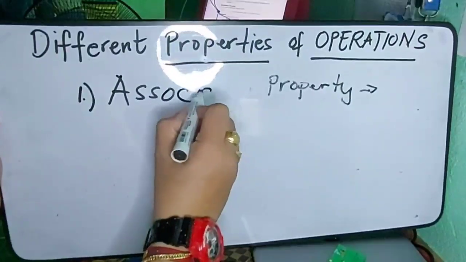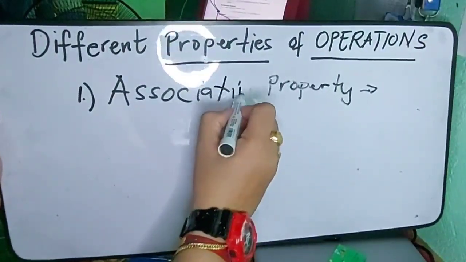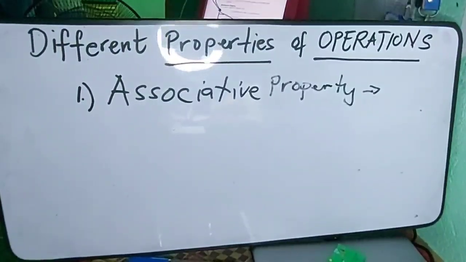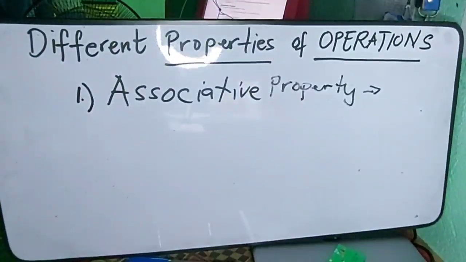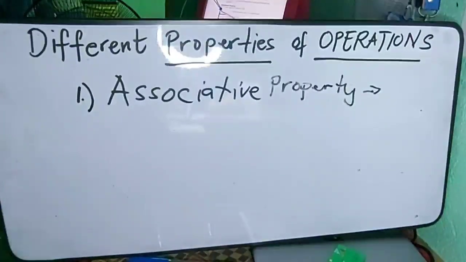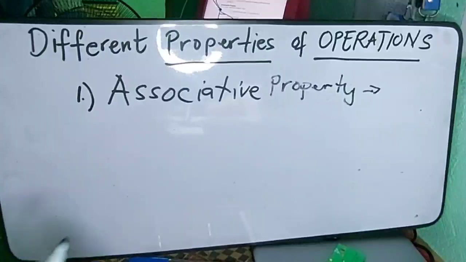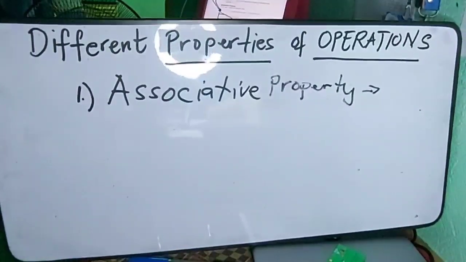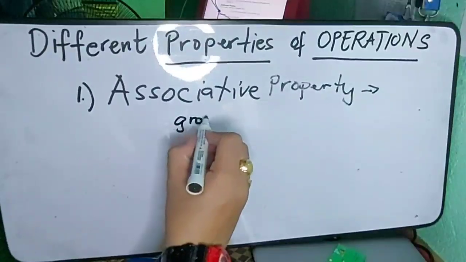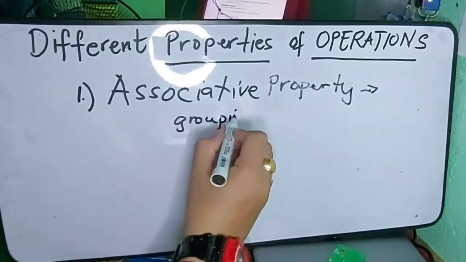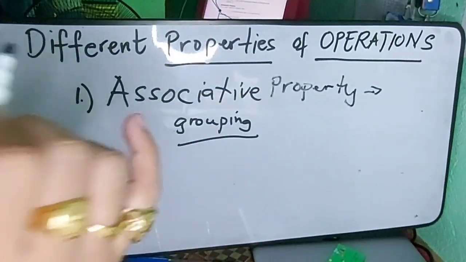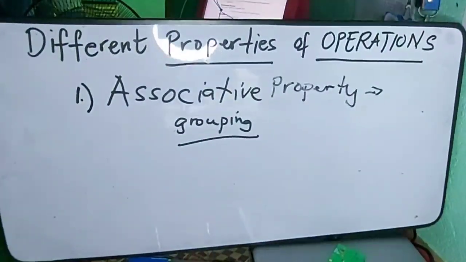The associative property states that the grouping of the addends or the factors does not affect the result. Take note of the word grouping. We group the addends or the factors, and it will not affect the result.